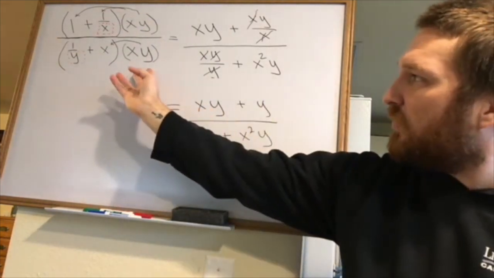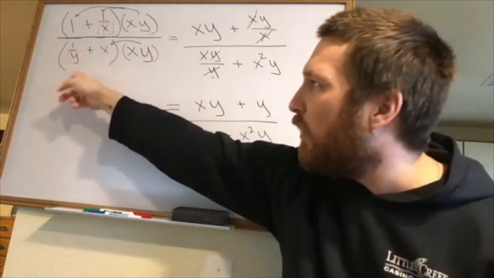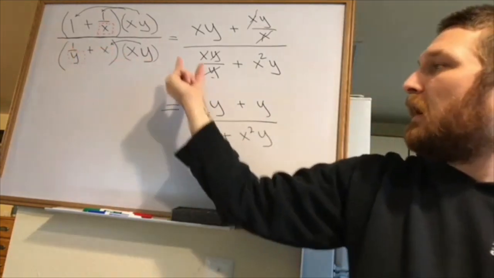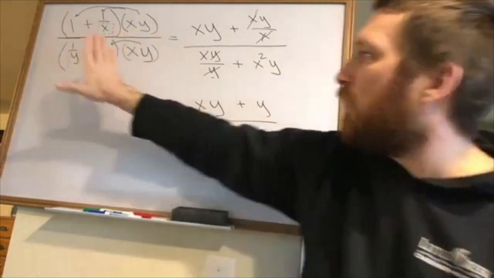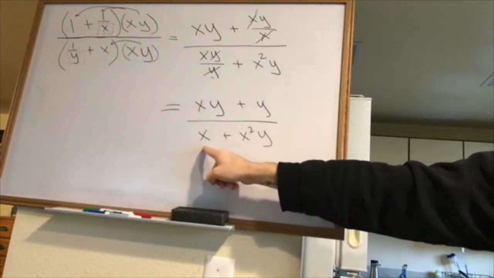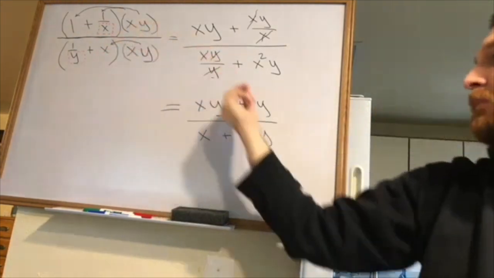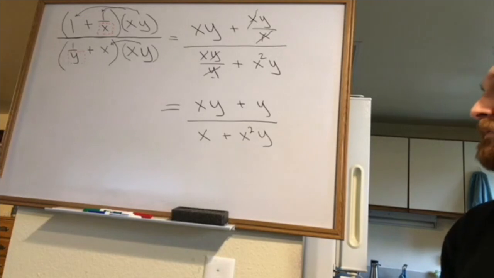When this guy jumps over there, the only reason the y was there in the first place was to kill that y. And so I'm just thinking, okay, he jumps over, the y is gone. The only thing that's left is an x, and that's all I write. And then I look and I'm like, oh, there's no cancellations. The x's come together to give me an x squared y.